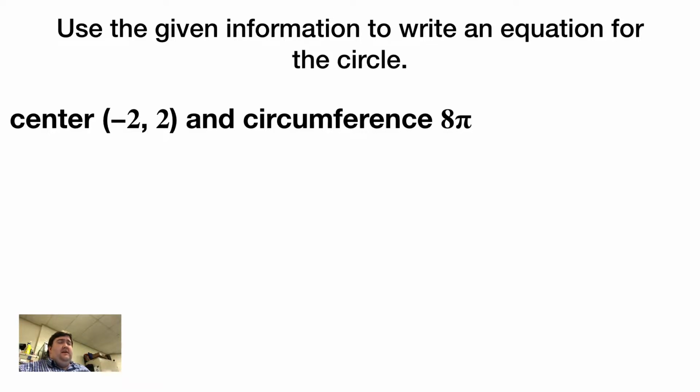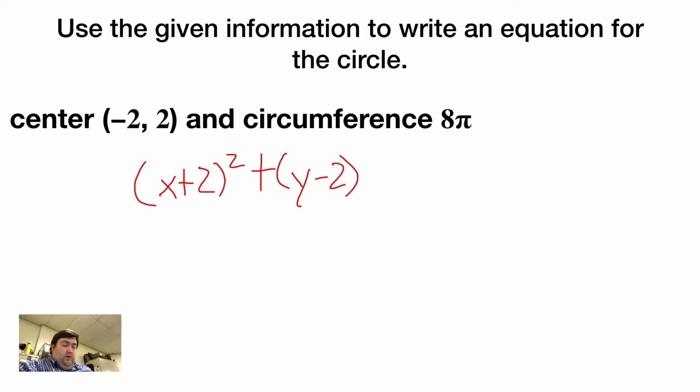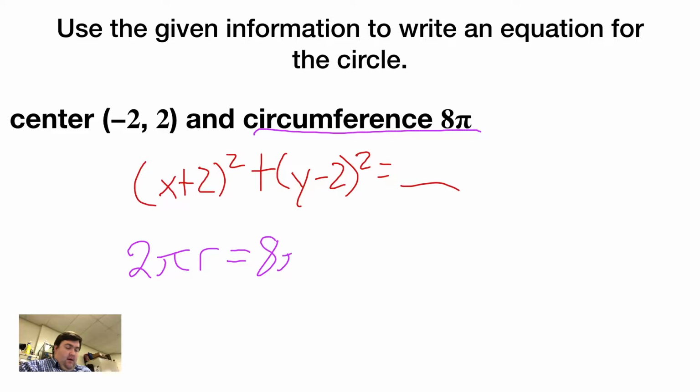Now let's try this one, because we can't do what we did last time in this case. Our center is negative 2, 2, so I would say x plus 2 squared plus y minus 2 squared equals, and I don't know. But what I do know is this fact right here. The circumference is 8 pi. And you might remember that the circumference can also be written as 2 pi r is equal to 8 pi.